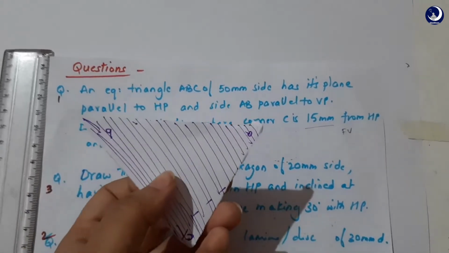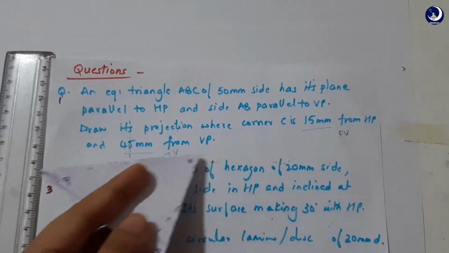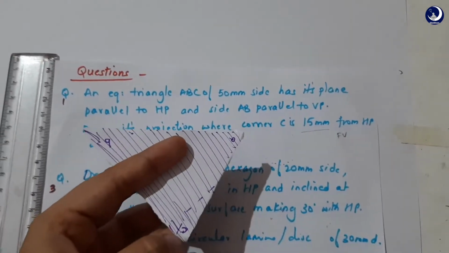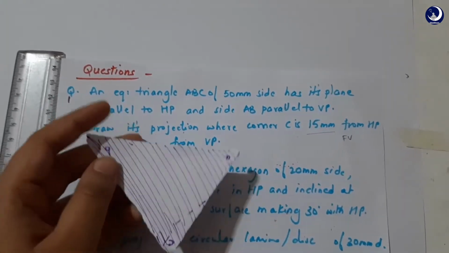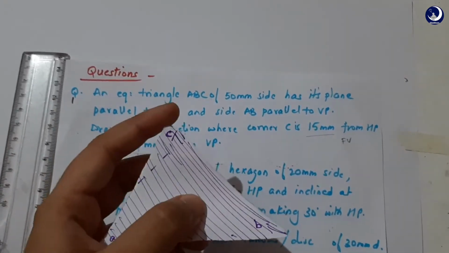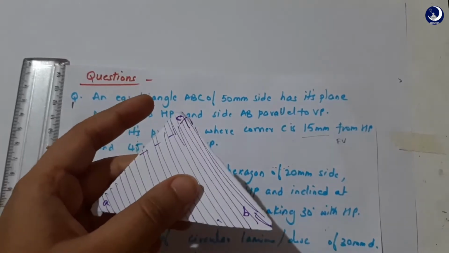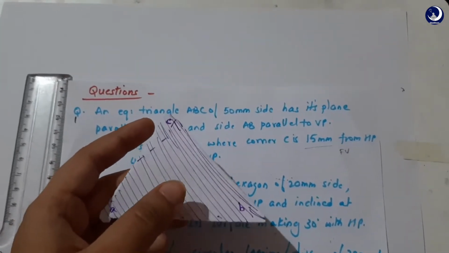But we cannot position it like this for this question, because it's clearly mentioned that C is 45 mm from VP, and the length of one side is 50 mm. So the only possible way is this. C is 45 mm from VP and C is 15 mm from HP. Alright, so now let us draw the orthographic projections.